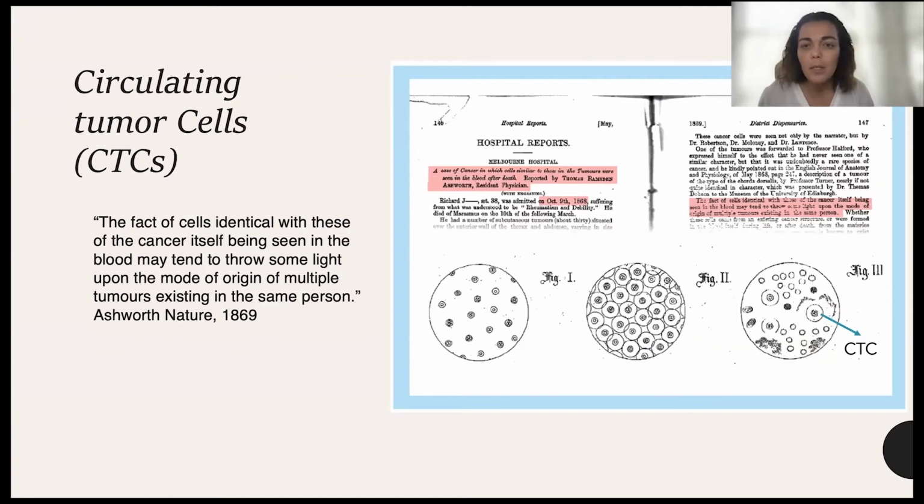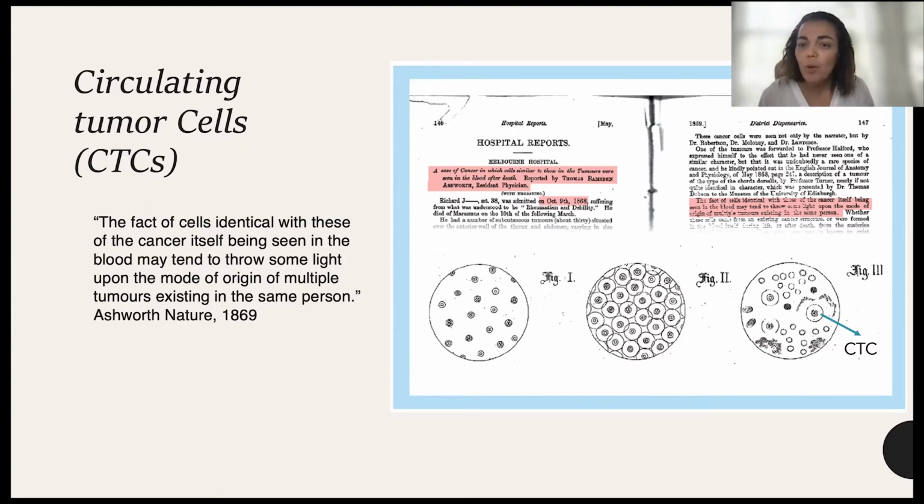I want to talk a little bit about circulating tumor cells. Circulating tumor cells are a way in which a liquid biopsy test can be conducted, by looking specifically for their presence. These are a population of cells that have detached from the tumor mass and circulate in the bloodstream.